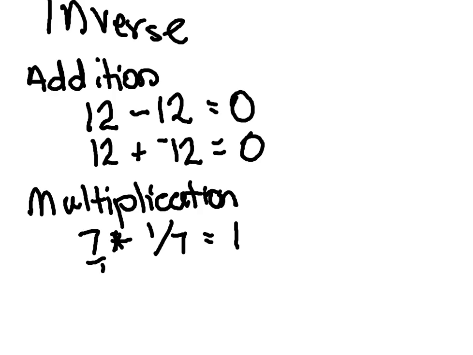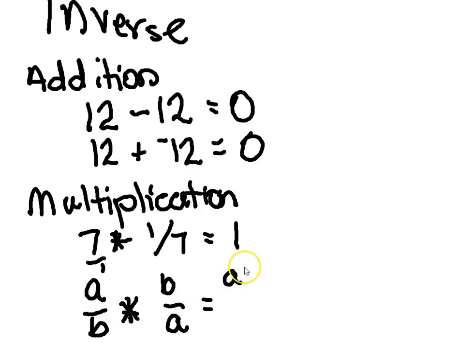Let me do another one. If I have a variable, okay, if I have an A over B, and I want to do the multiplicative inverse, I'm going to have B over A. And again, this is going to give me an AB over AB, right?